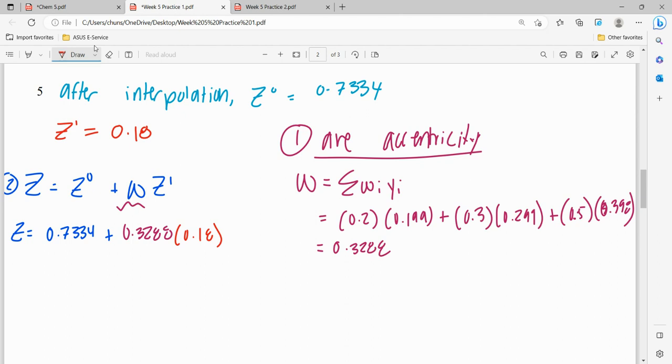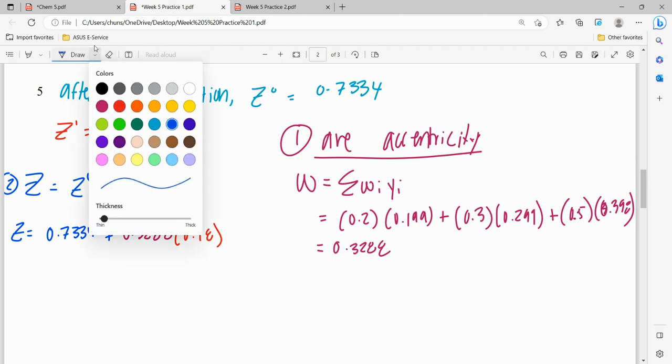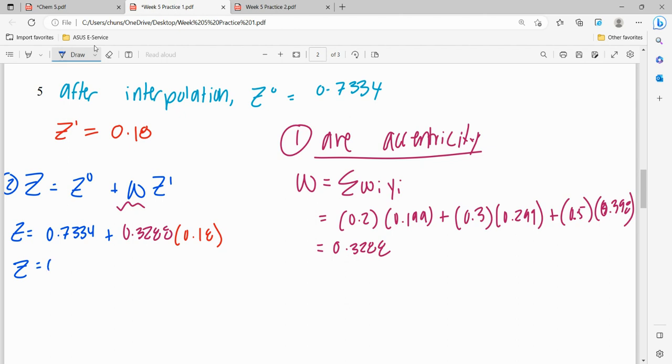So 0.7334 plus 0.3285 (that's about 0.88) times 0.18. And this gives us a Z equal to 0.7925.